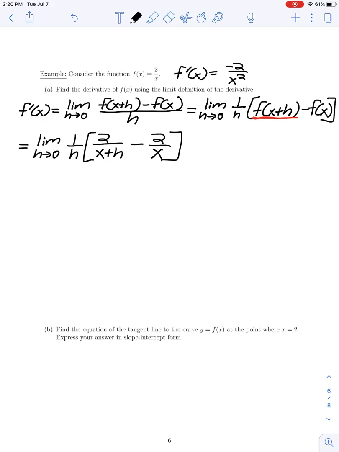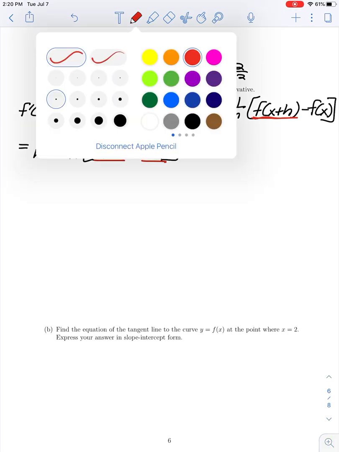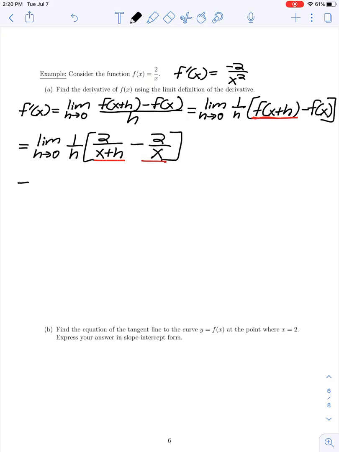So, in order to evaluate this limit inside of the square brackets, I'm going to combine the difference of these two fractions as a single fraction. And to do that, I need to make use of a common denominator. That is, I have to find a common denominator for those two fractions. So a good common denominator here would be the product of the two denominators.